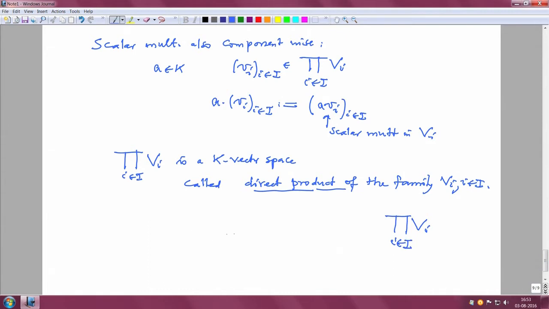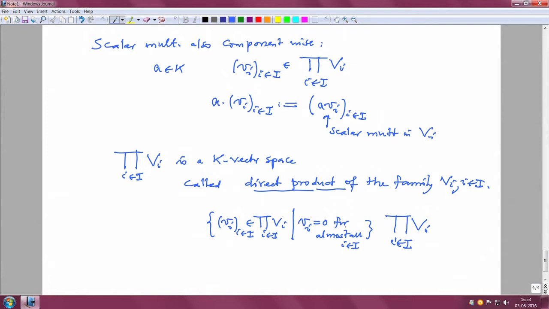I will consider only those I-tuples (v_i) in the product which have the property that v_i is 0 for almost all i in I. That means only finitely many i-th entries are non-zero vectors in the V_i's. All other i-th entries in this tuple are the 0 vector in the corresponding vector space V_i.